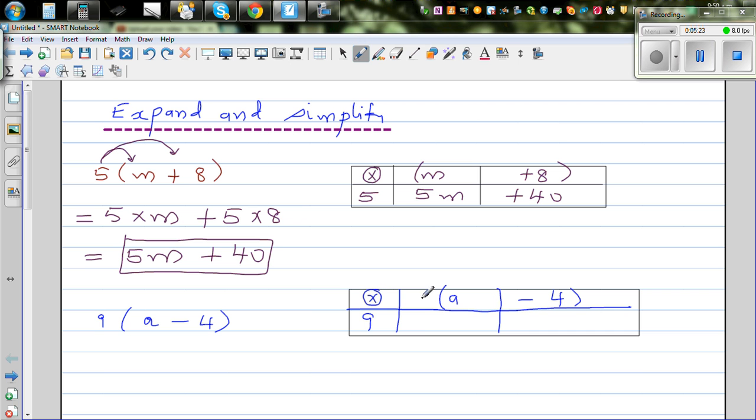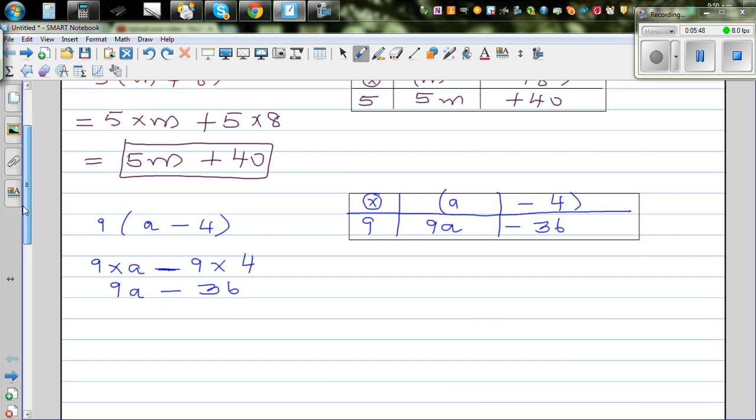And now you go 9 times a, which is 9a, and 9 times negative 4 is minus 36. And if you want to do it directly, this is 9 times a, and you've got a minus sitting there, minus 9 times 4, which is 9a minus 36.